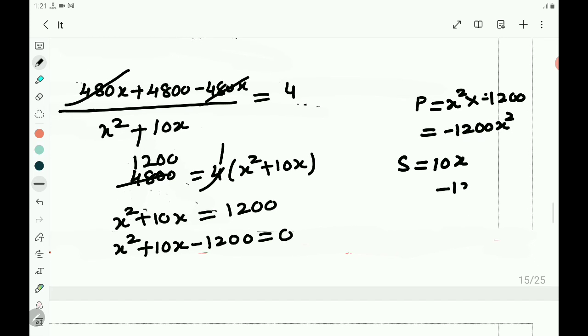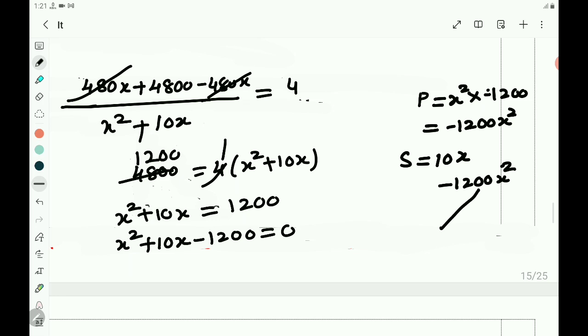As the product is negative, the factors have different signs. The factors are 40x and 30x: 40 into 30 is 1200, and the greater factor must have the plus sign and the smaller factor the minus sign.